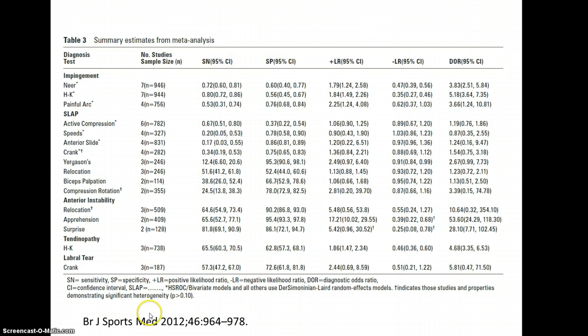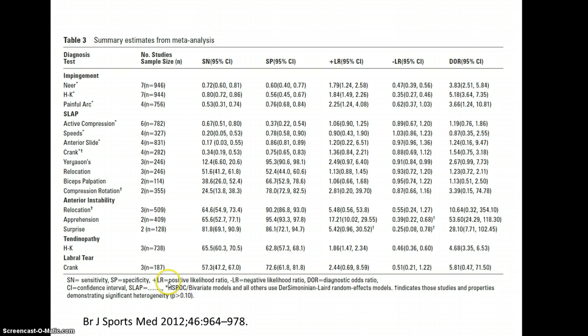Now, a study that just came out last year in 2012 is a study that I just started using this year with our students, and it is a fantastic study. I suggest if you have one study to read on shoulder examinations, it would be this one. It is a meta-analysis of the special tests for shoulder pathologies, and this is one of the tables from that study.